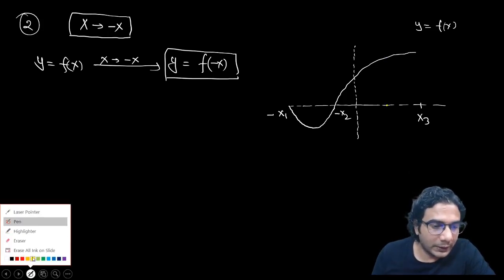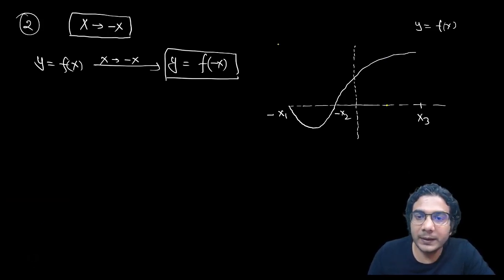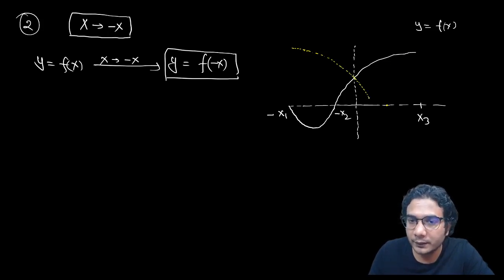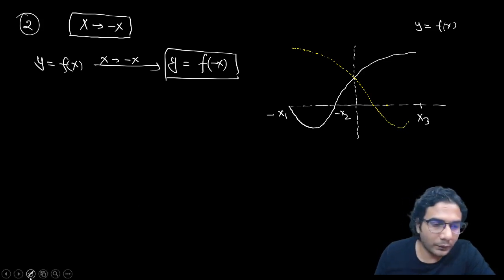So let me draw the transformation first of all. When you replace x by minus x, you need to take the reflection of this graph about the y-axis.